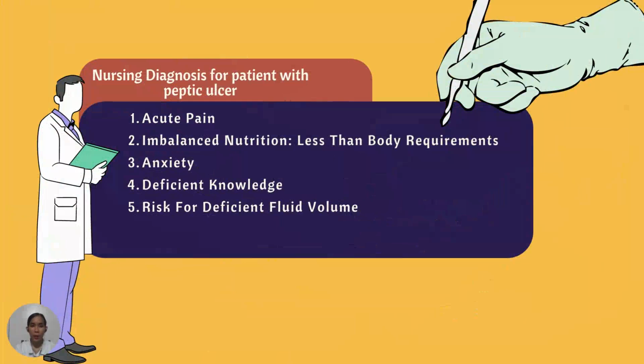Now let's proceed with the nursing diagnosis for a patient with peptic ulcer, specifically the duodenal ulcer. Mostly we are to focus on acute pain, imbalanced nutrition less than body requirements, since we have symptoms of weight loss, and anxiety.